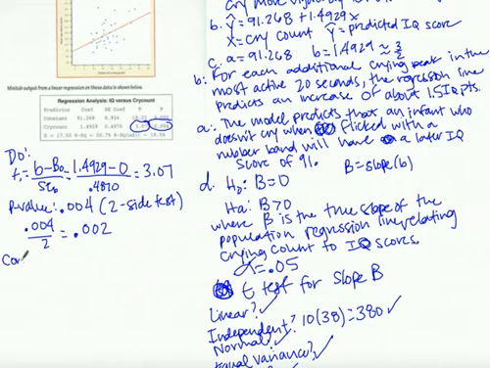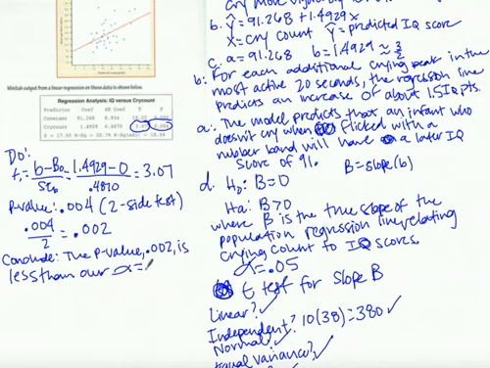The last thing you have to do is conclude. So just kind of wrap everything up. So you would say the p-value 0.002 is less than our significance level alpha equals 0.05.